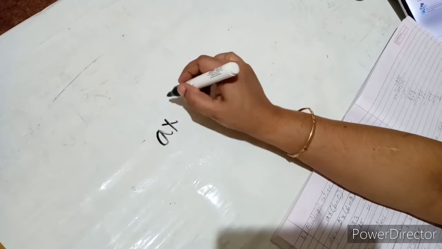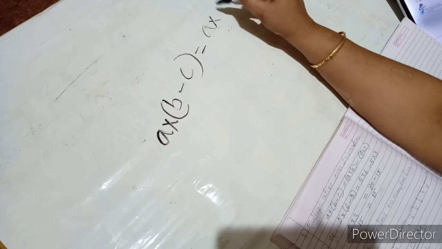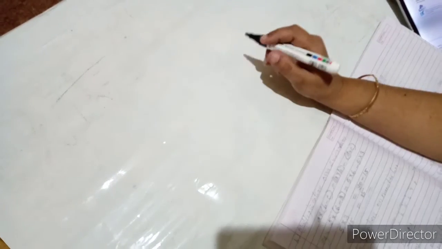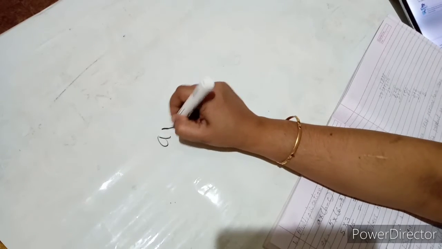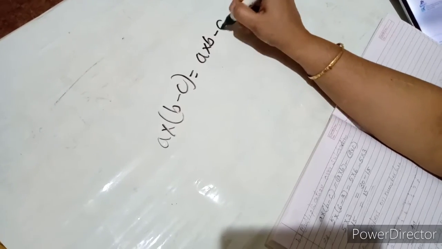That means if A, B, C are 3 numbers, A multiplied by B minus C is same as A multiplied by B minus A multiplied by C. This is what is distributive property of multiplication over subtraction.